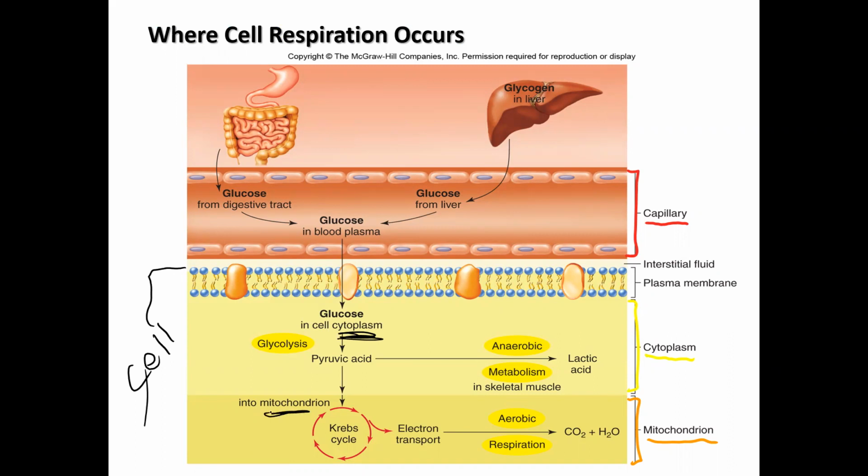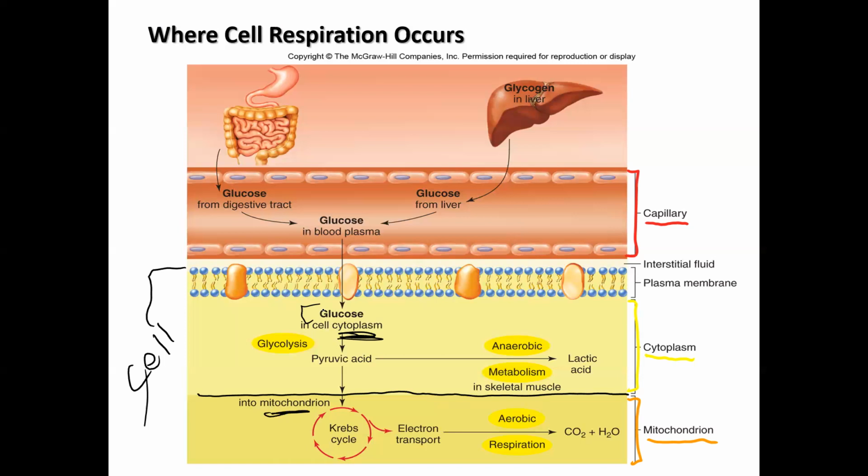And this is in your cell mitochondria. So there's a line of separation here. So once the glucose comes in, it goes through glycolysis. You make pyruvic acid or pyruvate. It then can be anaerobically respired in skeletal muscle to make a little bit of ATP and lactic acid. So if this was a skeletal muscle cell, it's doing that there.